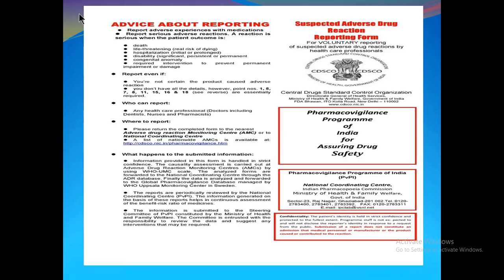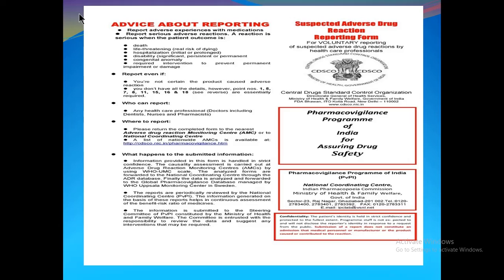Fifth point mentions where reporting should be done. Reporting is done at the AMC and also to NCC. One can find the list of nationwide AMCs at the web address mentioned in point 5. Sixth point mentions what happens to the submitted information.